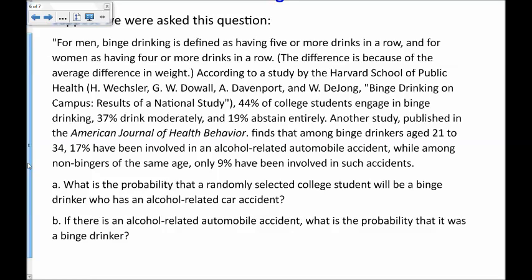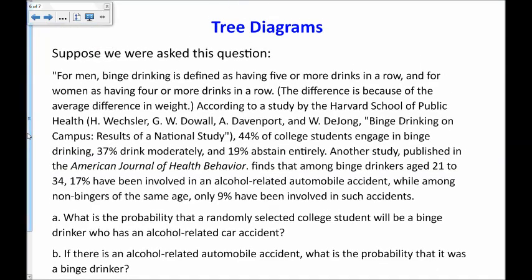Okay, now the way that we kind of organize all of this data is in what's called a tree diagram. I'm hoping that you can see, or will be able to see eventually, that we're really looking at, first of all, categorizing the data based on their drinking behavior. Okay, and then from there, we're given data based on their drinking behavior, whether or not they have been involved in an alcohol-related automobile accident.